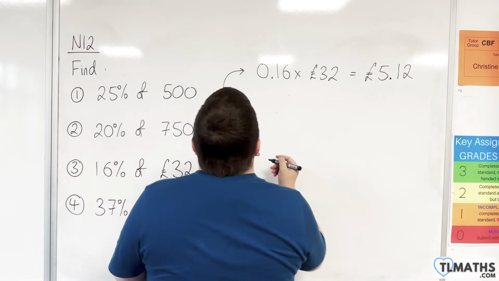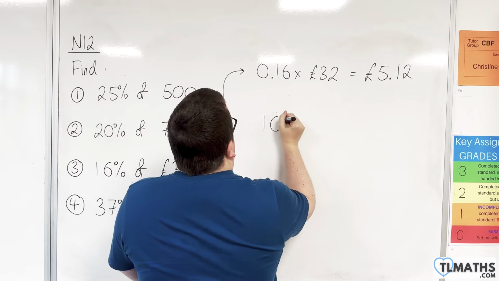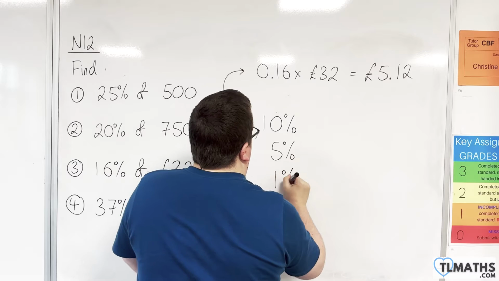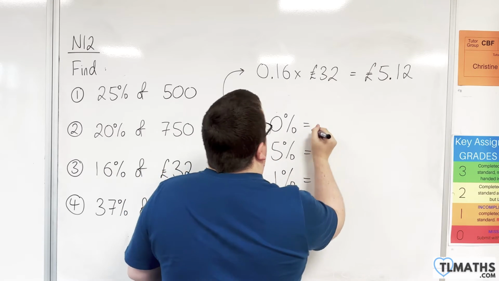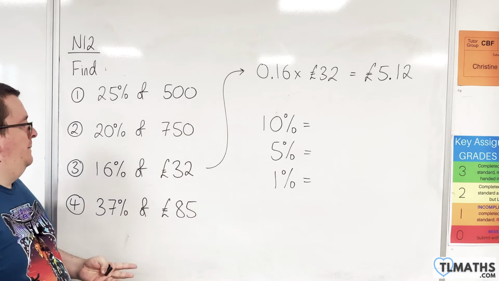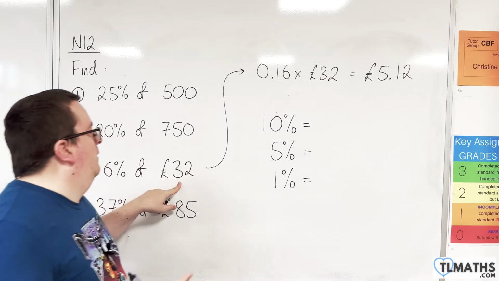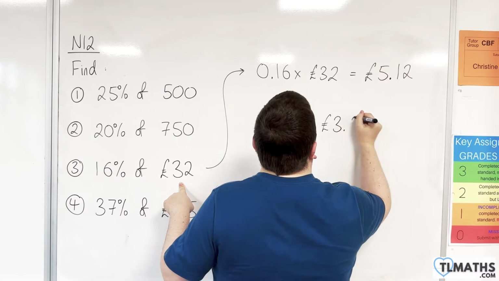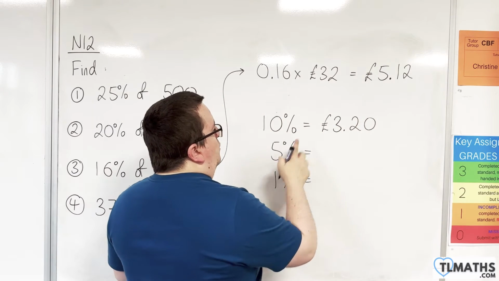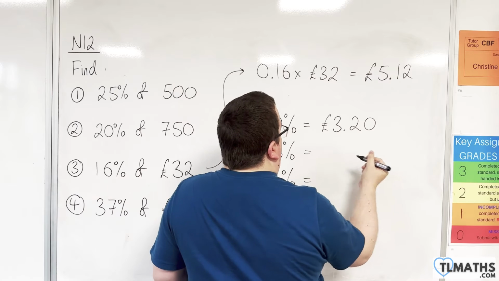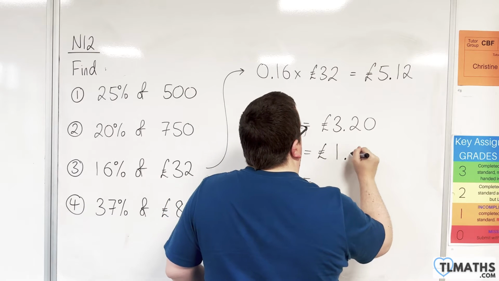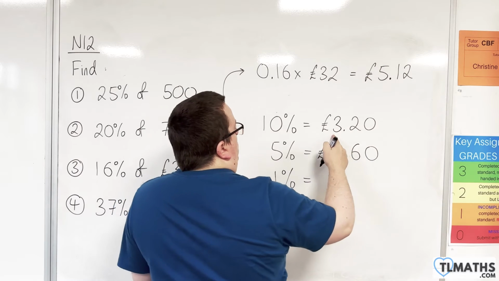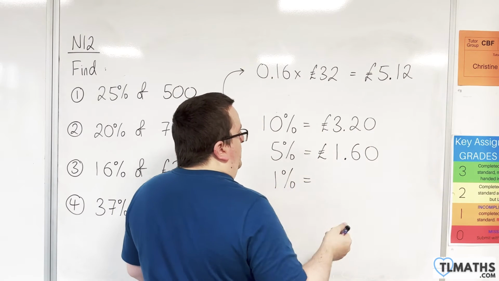Now 16%, you could do it as 10% and 5% and 1%. Work out what each of those are and then add them together. So 10% of £32 will be £3.20. 5% will be half of that, so £1.60. And 1% will be a tenth of that, which is 32 pence.